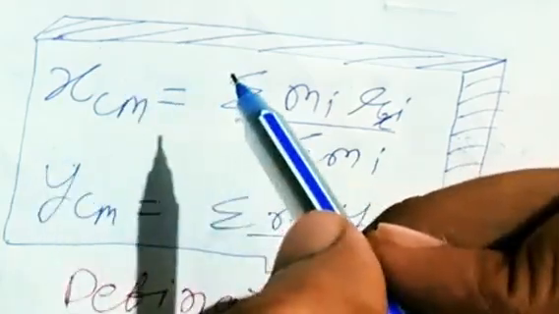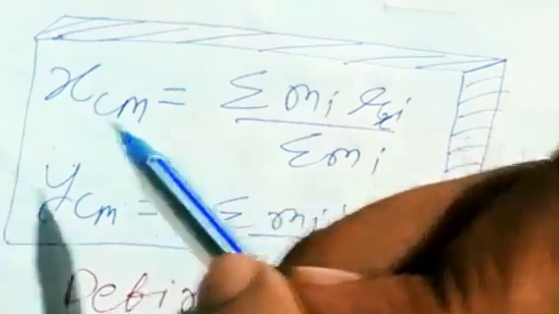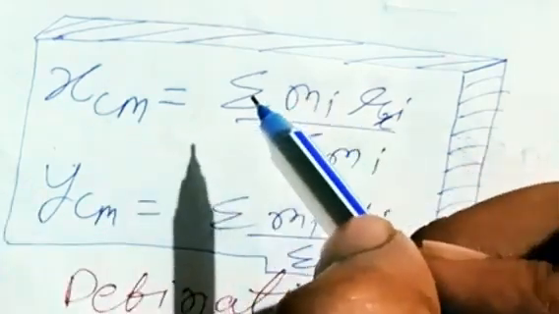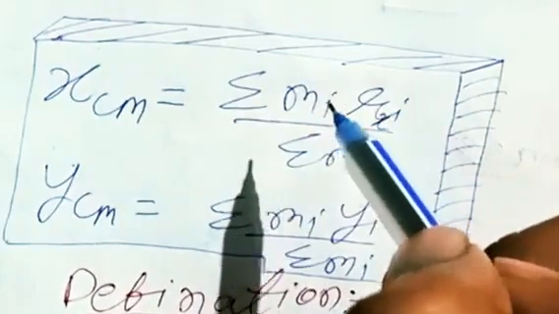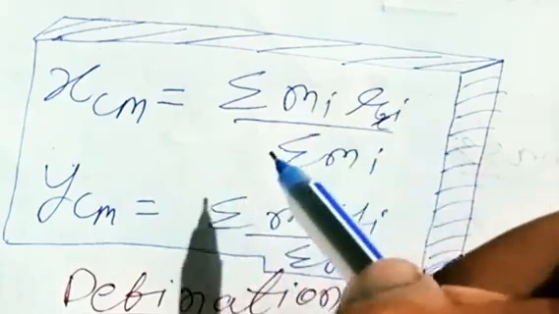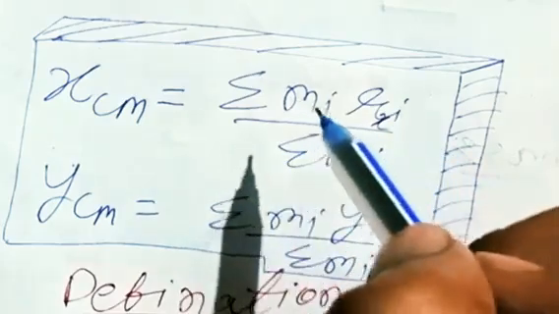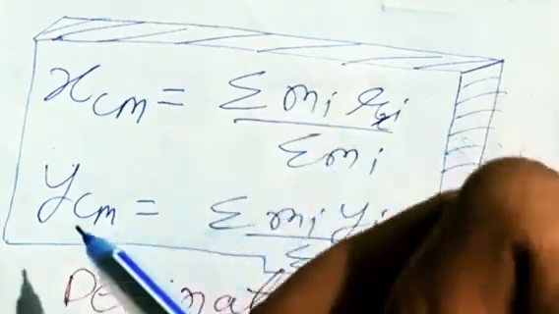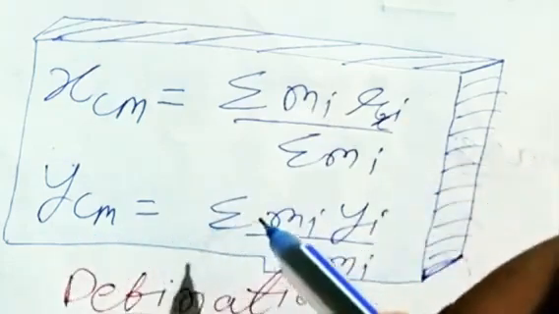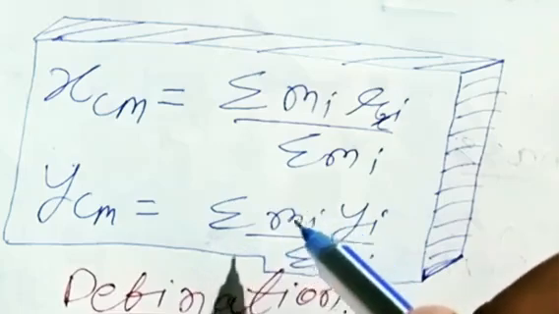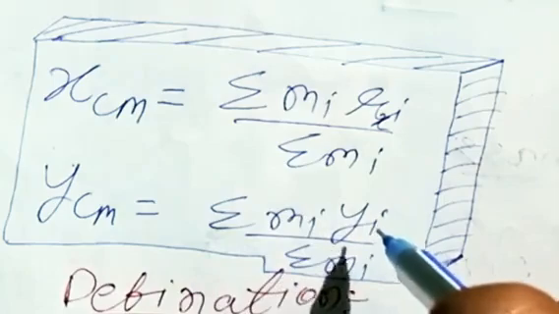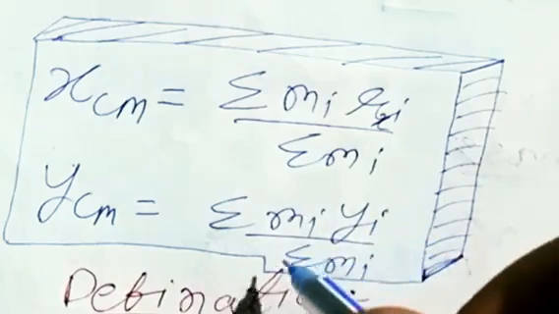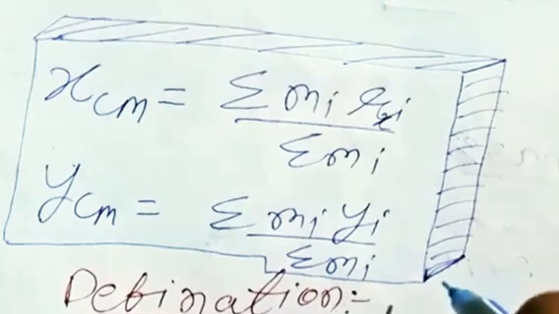And it is given by this formula: xcm is equal to the summation of mi xi by the summation of mi, and ycm is equal to the summation of mi yi by the summation of mi, where mi is the mass of the ith particle in the system.